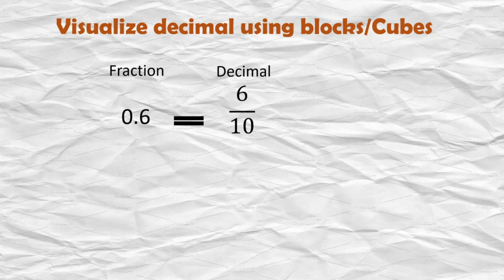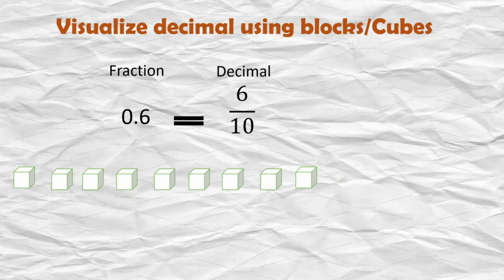Now, how do we visualize this using blocks? We have 10 here, so you draw 10 blocks or 10 cubes. 1, 2, 3, 4, 5, 6, 7, 8, 9, and 10.